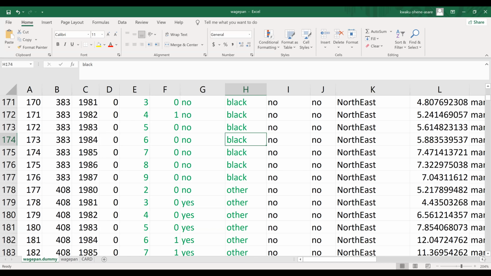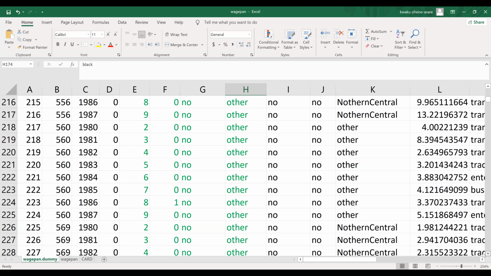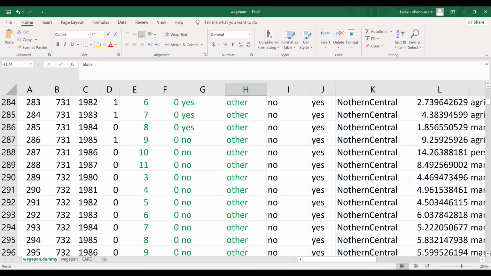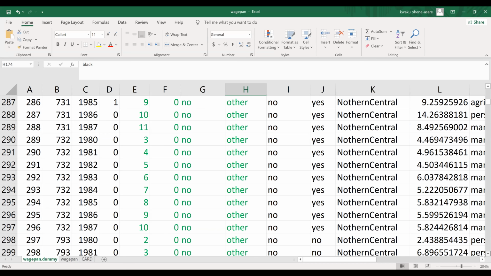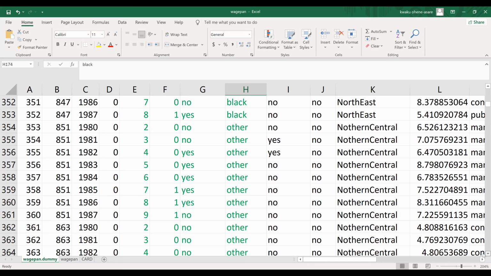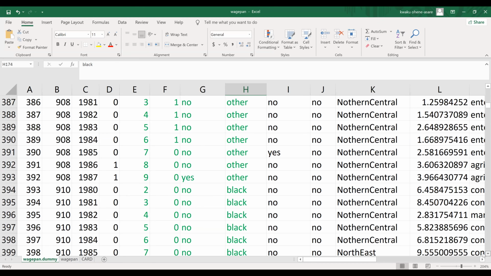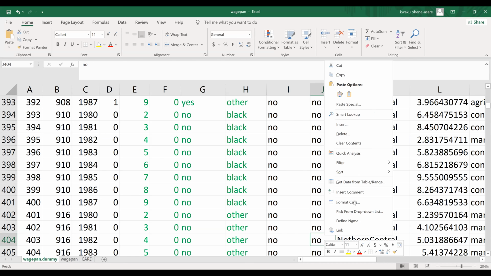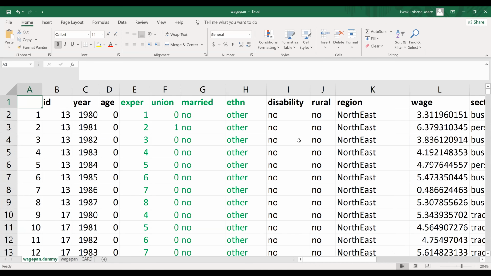So it means that this person is Black. And then other keeps coming. As you keep going, you have a lot of other, but Hispanic is down there. Remember, this is a lot of data. Black has come again, and then on and on. You can't go through all of them, but the most important thing to note is that this is a dummy variable.